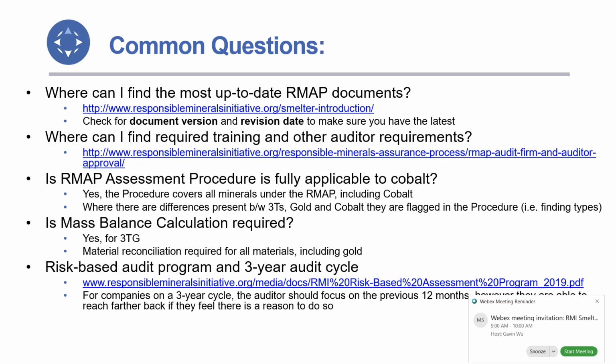This will then be decided on a case-by-case basis depending on how much transaction documentation the auditor was able to review and the quality of the documentation. So please keep a direct and ongoing communication with RMI so we can come up with an agreeable approach.